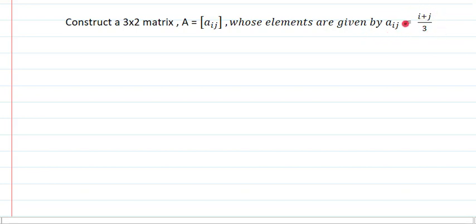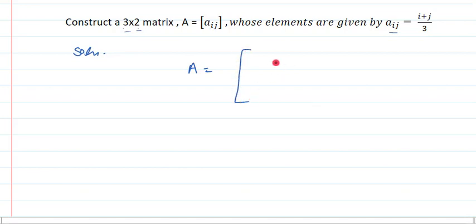So this matrix is defined as A is equal to aij, where aij represents the element and the element is defined as (i plus j) upon 3, and the order given to you is 3 by 2, meaning 3 rows and 2 columns.